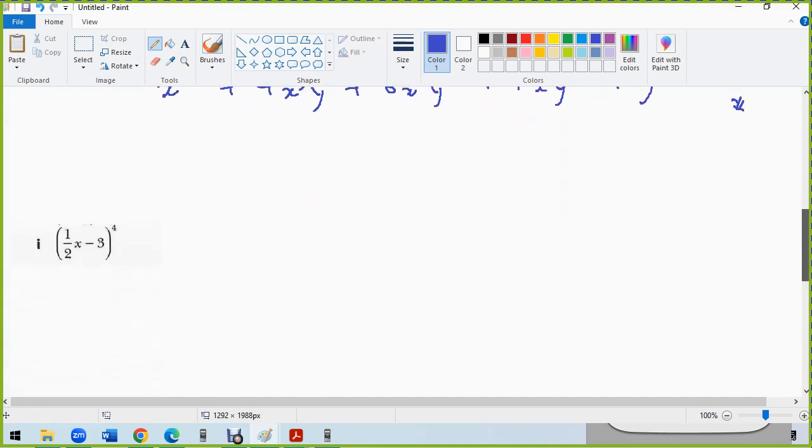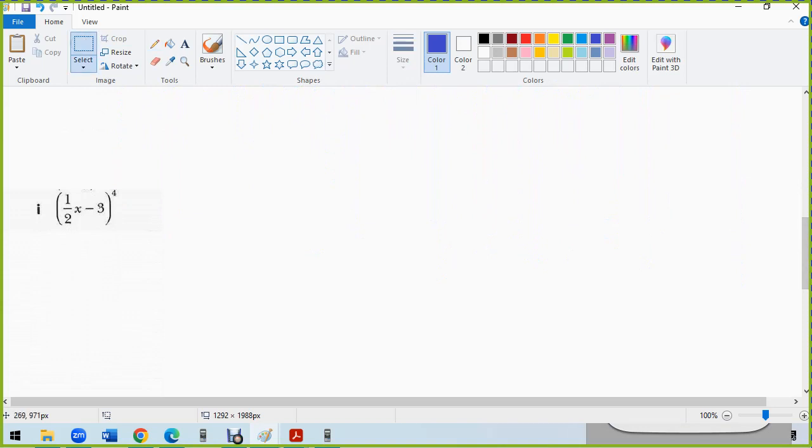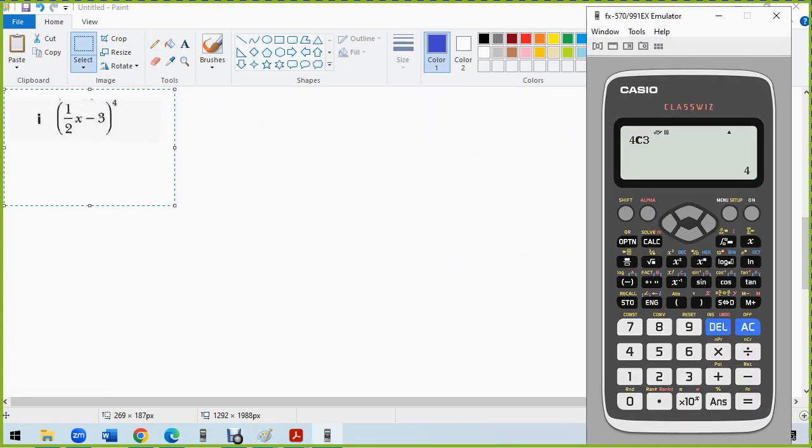So for E, before I go to E, the 4C3, 4C2, and 4C1 is the same here.